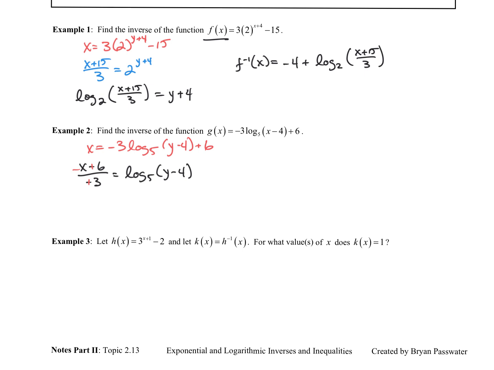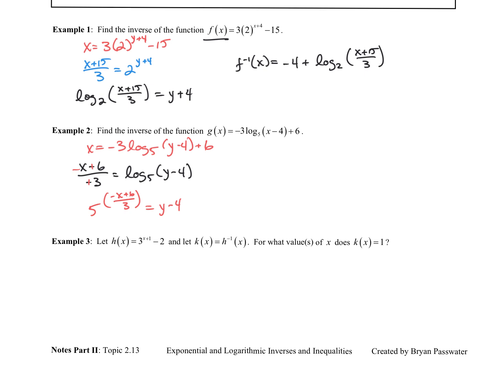All right, and so then I have a log form. So now what do I put it in to solve for y? Exponential form. And so now we have 5 to the power of negative x plus 6 over 3 is equal to y minus 4. All right. And so then how do I notate taking an inverse?